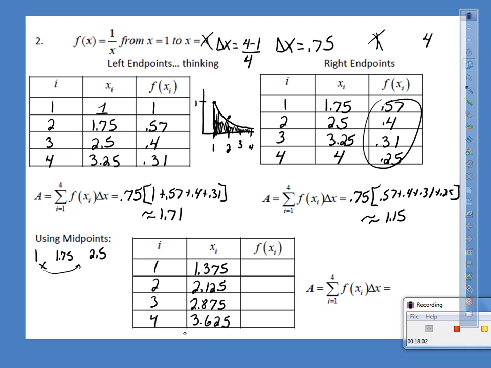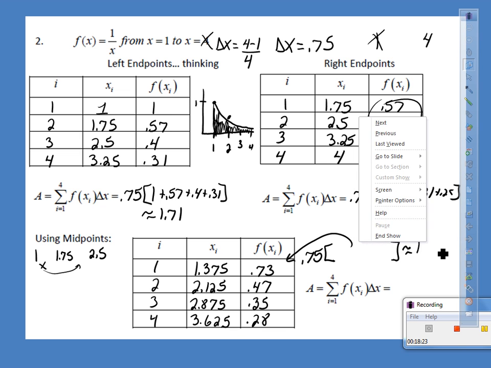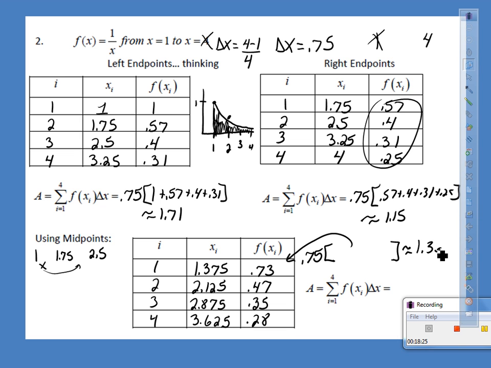I ran them through the 1 over x, so I had 0.73 approximately, 0.47, 0.35, and 0.28. To bring it home, the width of each rectangle is 0.75. Sum those up, and I had about 1.365.